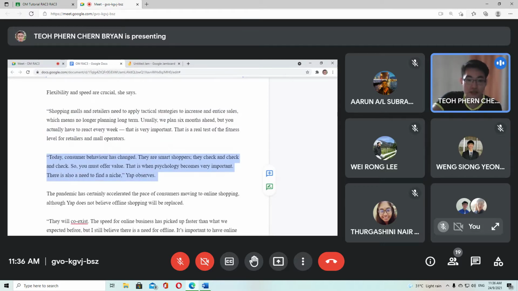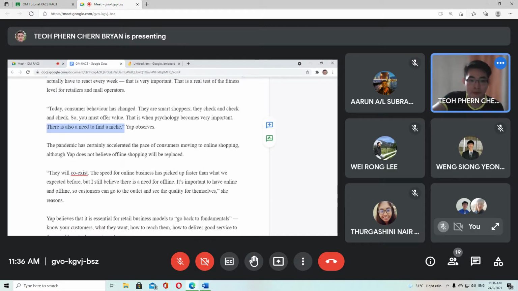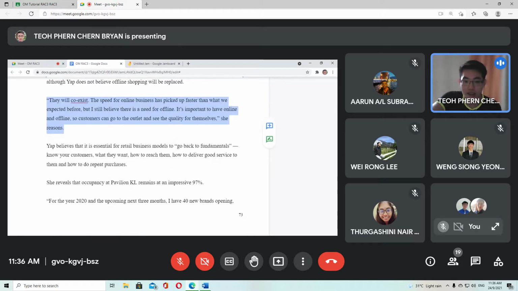You must offer them real value. You cannot bluff them anymore. Psychology is important, and you also need to find a niche. What makes your company special? Online shopping is a trend, but she thinks that online and offline will coexist in the future. And businesses need to go back to fundamentals: know your customers, know what they want, how to reach them, how to deliver, how to do repeat purchase.